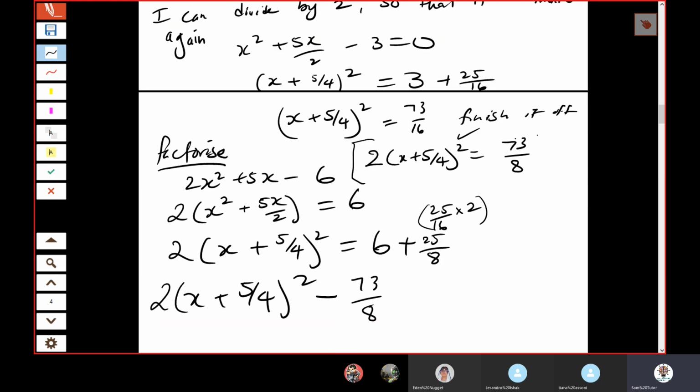I guess that might make it a bit easier for some of you. Instead of thinking of factorizing, multiply by 2 again. Everything. And then these two become the same.